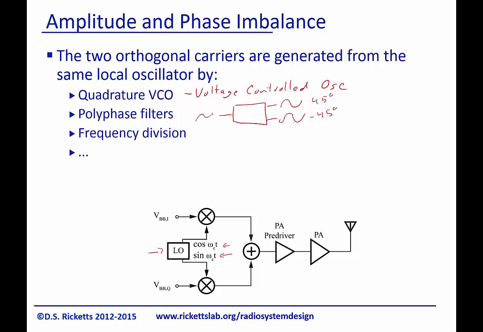The reason we describe how this is done is just for you to realize that however we do it, there's going to be some non-ideality that can create two problems. One is that the amplitude of the two signals is not the same, and also the phase isn't exactly 90 degrees. And this actually happens quite often.